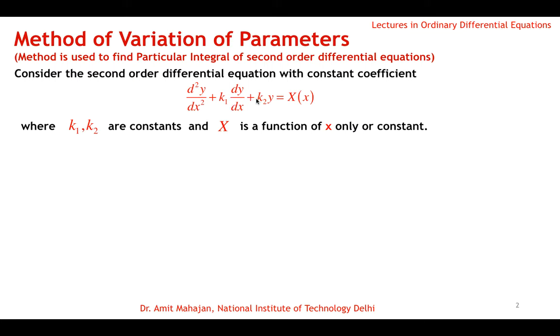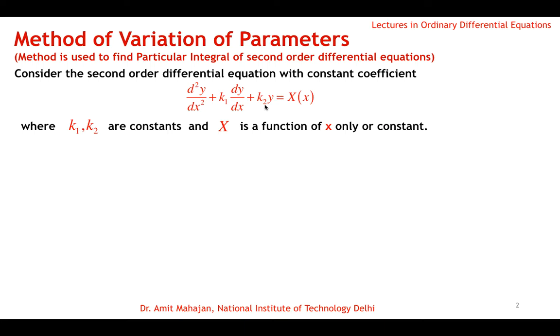K1 and k2 are constants, so it's a second order, first degree, non-homogeneous because of the right hand side, ordinary differential equation with constant coefficients.